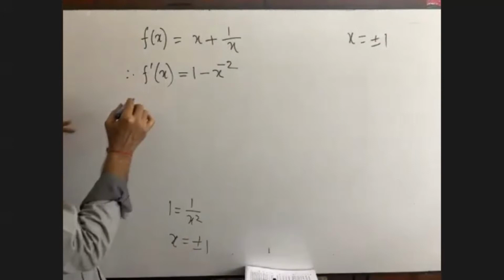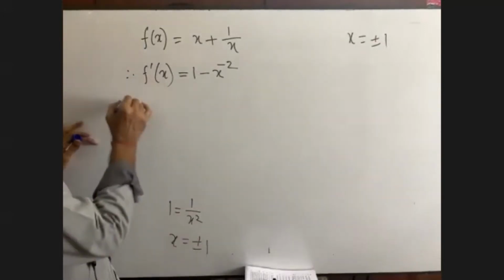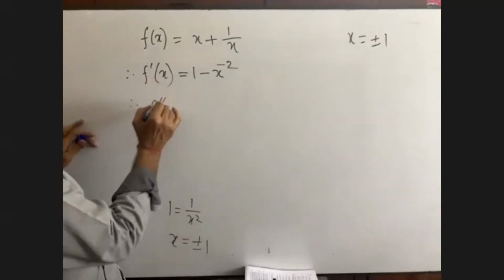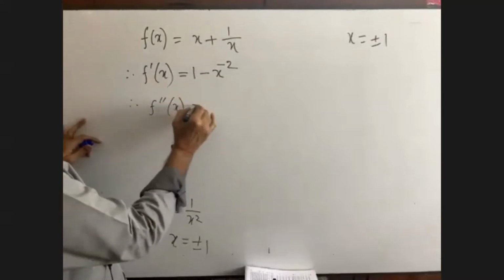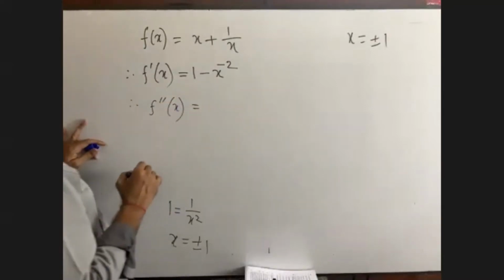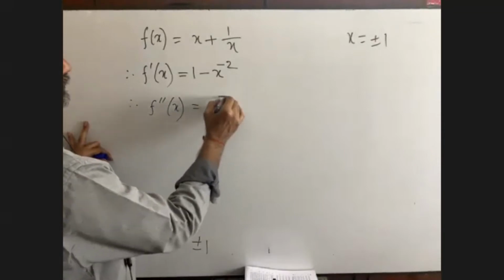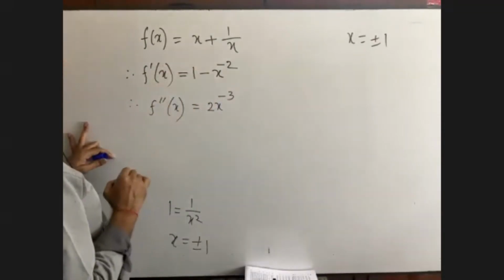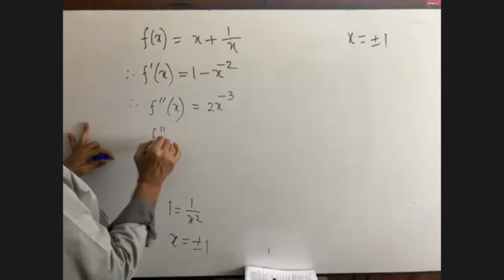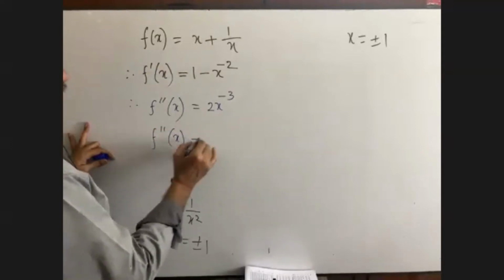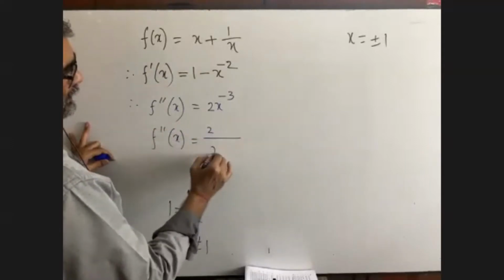After this, you write down f double prime x equals to what? 0. That is 2x to the power minus 3. Or f double prime x is equal to 2 by x cube.